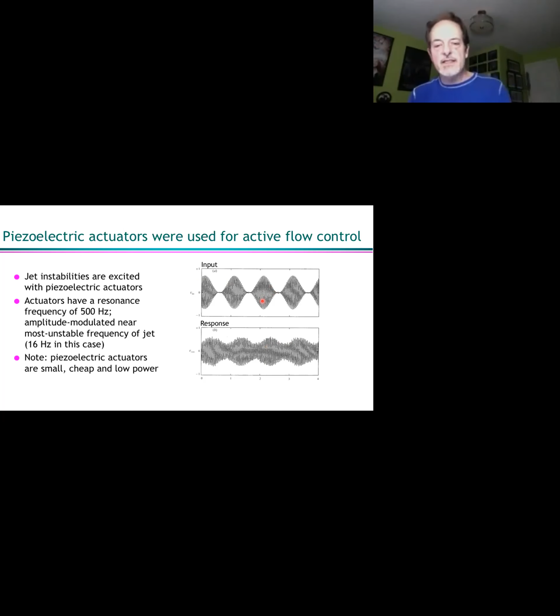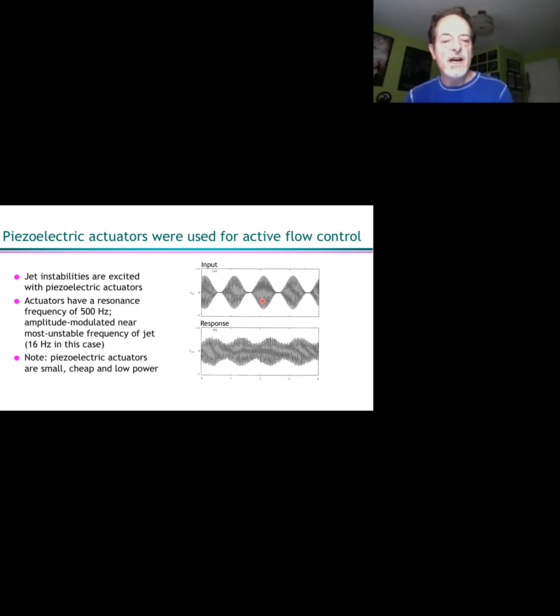The jet we were using happened to have a most unstable frequency of about 16 hertz. What that means is that the passage rate of the vortices, or the 2D instabilities, just downstream of the jet nozzle was approximately 16 hertz. There are some advantages to putting in instabilities that are close to the natural frequency of the jet, because then the jet amplifies those frequencies.